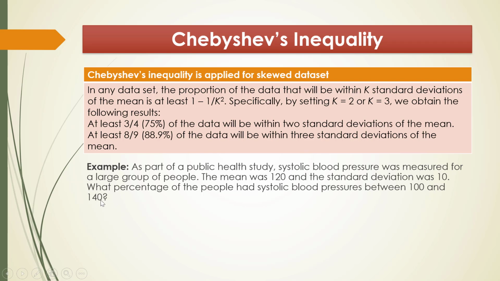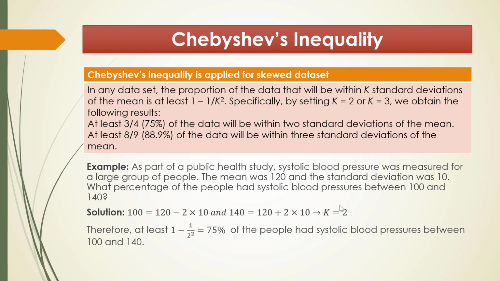And the difference between 140 and the mean is 20, which is also 2 times the standard deviation. That means this range is basically 2 standard deviations. So using Chebyshev's inequality, we have at least 1 minus 1 over 2 squared, which is 75% of people had systolic blood pressures between 100 and 140. Remember, k here is 2 because we consider 2 standard deviations.